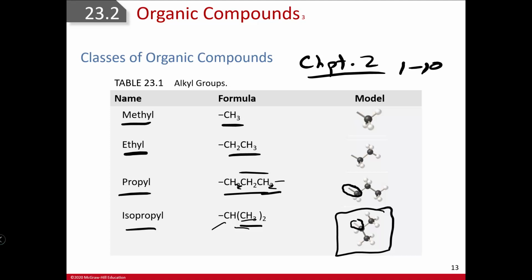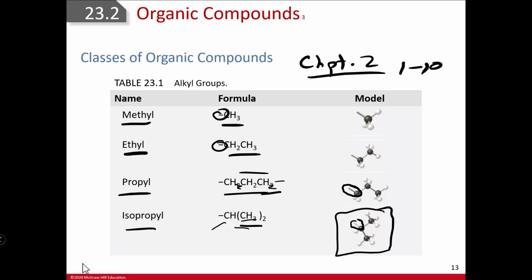If you're doing it in chapter 2, we're just actually doing hydrocarbons, so it's methane, ethane, propane, butane, pentane, hexane, heptane, octane, nonane, decane. And then if we knock off one of the hydrogens and we have a bond here instead, it's methyl, ethyl, propyl, so forth.